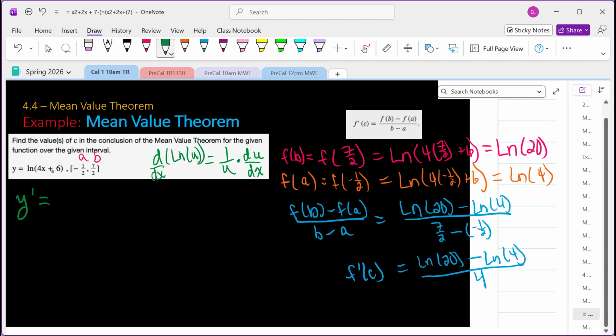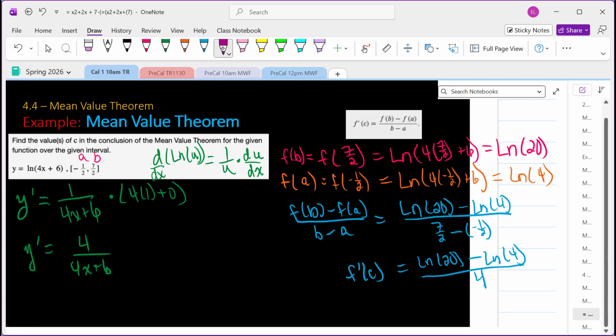So our natural log of 4x plus 6 will be 1 over 4x plus 6 times the derivative of 4x plus 6, which is 4 times 1 plus 0. So that's just times 4. So we have 4 over 4x plus 6.